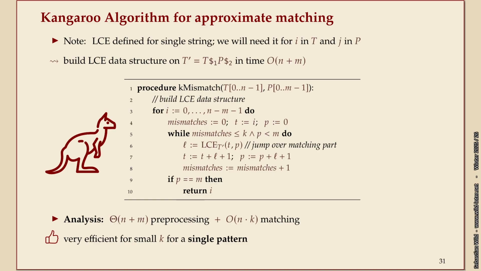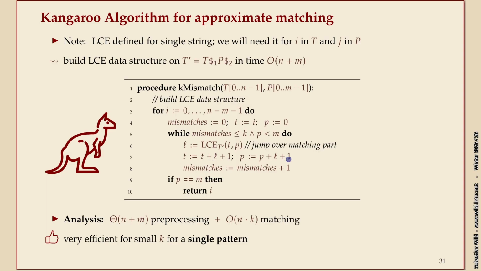So with that, we get to this kangaroo algorithm, which is really the brute force algorithm we've just seen, except that it jumps over the matching parts. So much of the structure looks similar, but here we first jump in from the 2 positions for as many characters as we can, and we increment by that many characters.